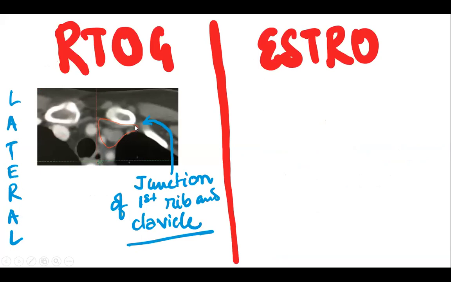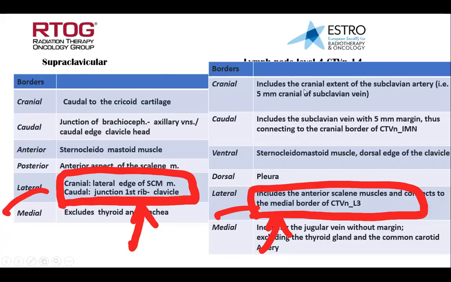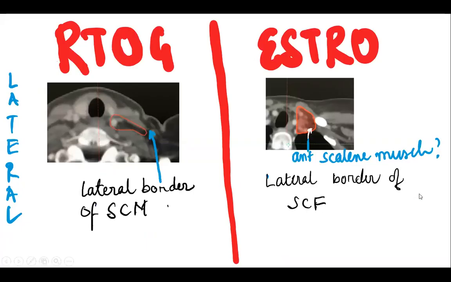Here it is a junction, so this would be my lateral border. Now coming to the ESTRO lateral border, it includes the scalene muscle here, and it connects to the CTV level 3, the axillary level. So here this is a scalene muscle, and ESTRO includes this in their lateral border as well.